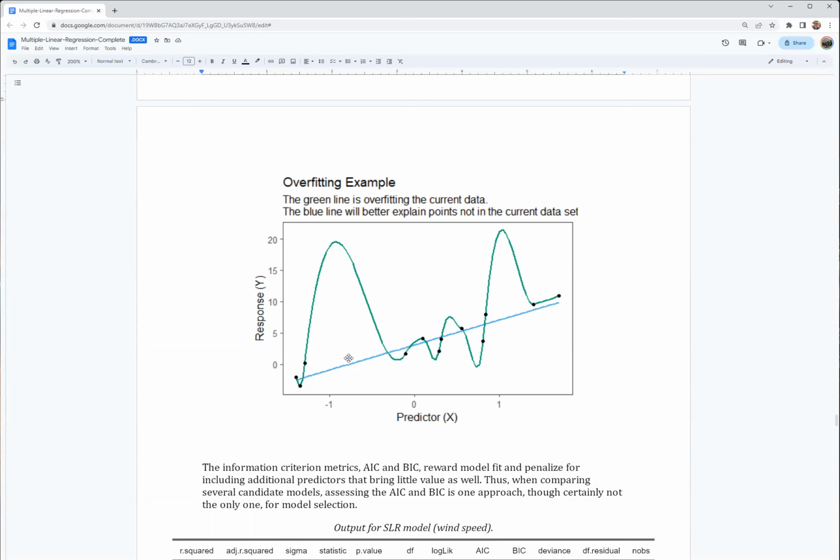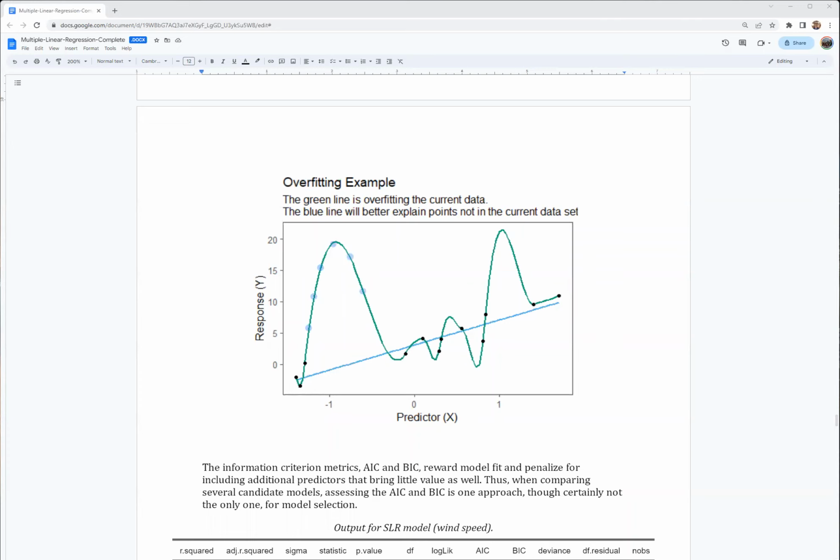So which model is better? Well, if you get a new data point, just looking at this, it seems unlikely that you could expect the points to keep following a pattern like this, right?